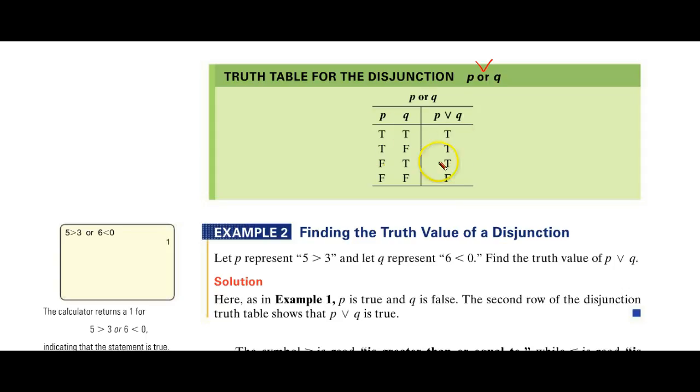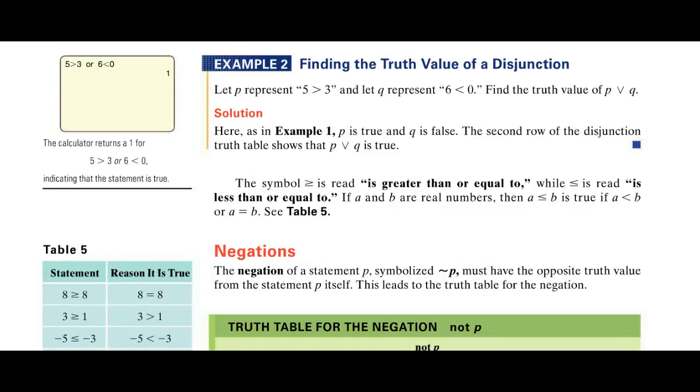The only way it's false is if both are false. So we're starting to accumulate our truth tables. And the shortened form of this, in order for a disjunction to be true, only one part of it needs to be true. In order for it to be false, both parts need to be false.